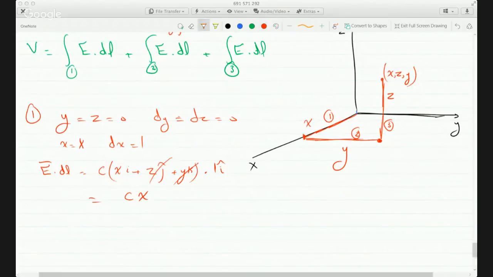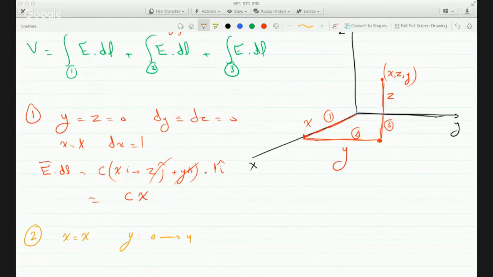On path number 2, we know that x equals x, we hold that constant, and y goes from 0 to y.